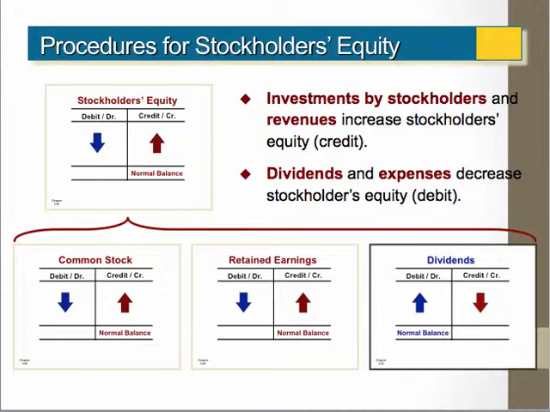Common stock is an increase on the credit side, and so is retained earnings. However, if a dividend increases, ultimately it's going to decrease retained earnings, and it'll also decrease stockholders' equity. So therefore, the normal balance is on the debit side.